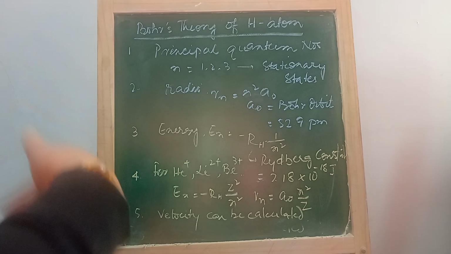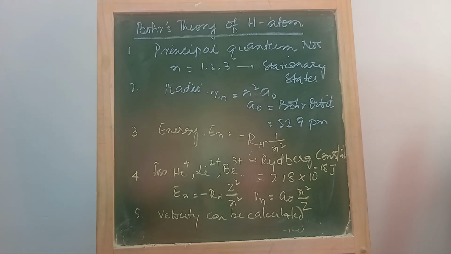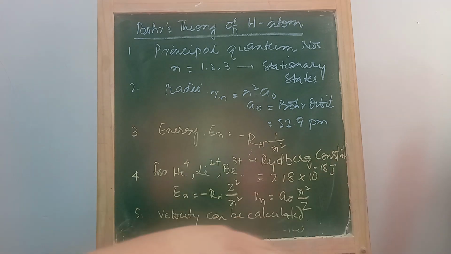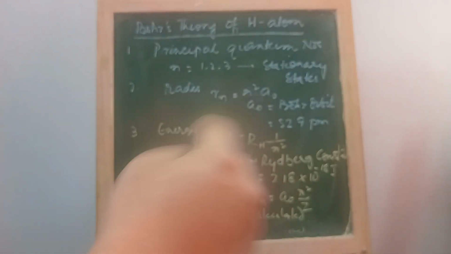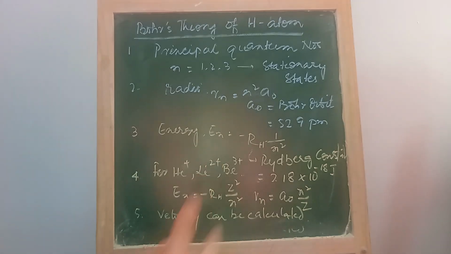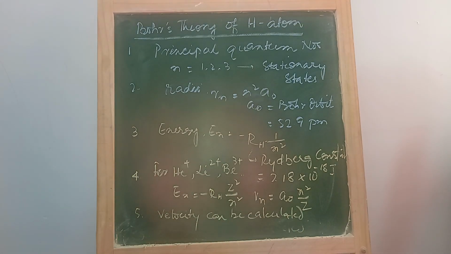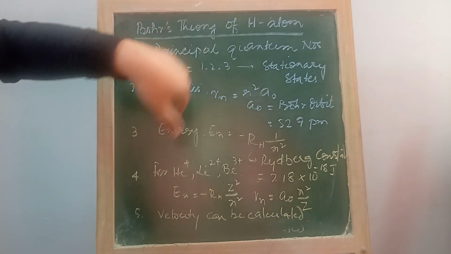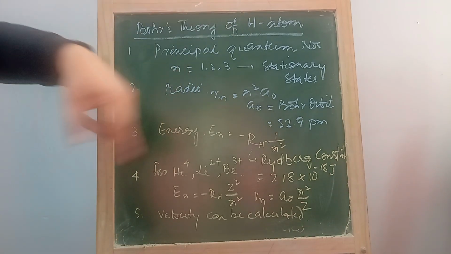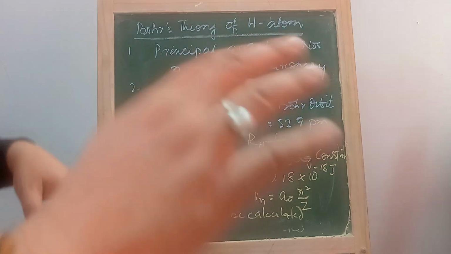While they are in stationary states, they will not emit any electromagnetic waves, which was in contrast to James Clerk Maxwell's observation in 1870, which says that any charged particle, when accelerated, will emit electromagnetic radiation. It was against that. According to Bohr, if the electrons are in the stationary states, which are numbered, they would not emit any kind of energy.